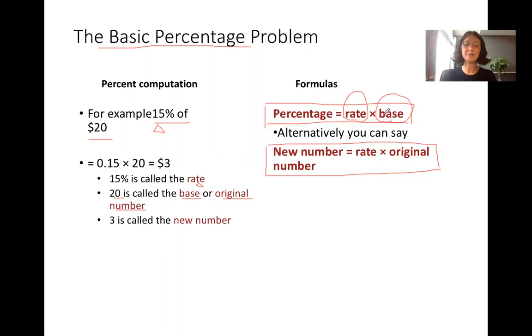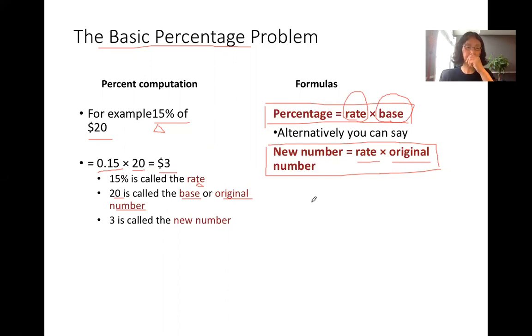Then you multiply those two numbers, you get the result. So multiply rate by base, you get $3. $3 is the percentage. If you use the second formula, it is the same concept. The rate is 15%, original number $20, and you get $3.